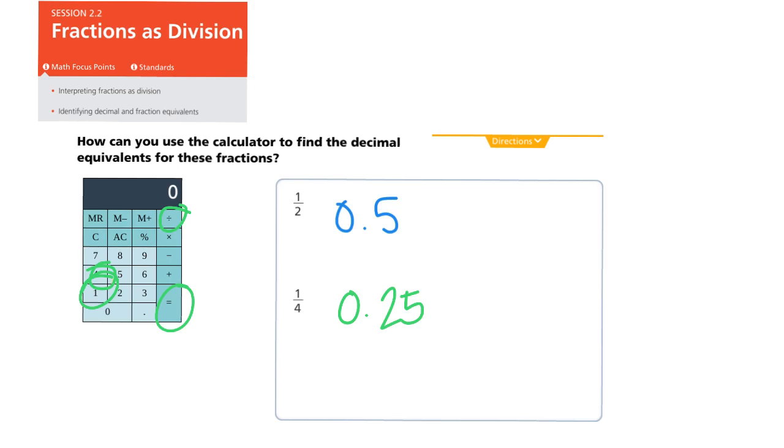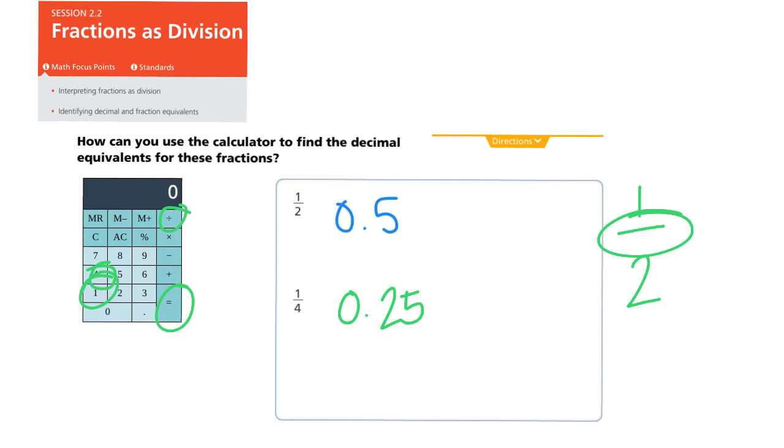So if you look carefully, you could think of this as a way of thinking of fraction as division itself. So the line in the middle for 1/2 is like a division sign. 1/2 means 1 divided by 2, and 1/4 means 1 divided by 4. So if you follow that on the calculator, you'll get the decimal equivalent every single time.